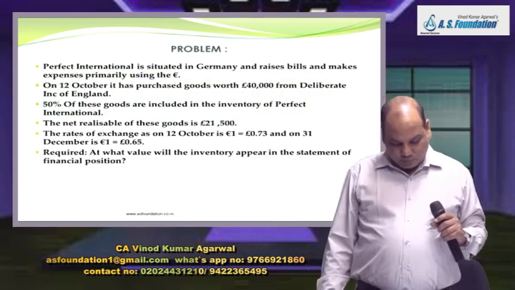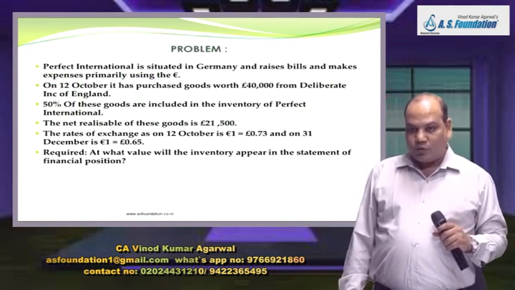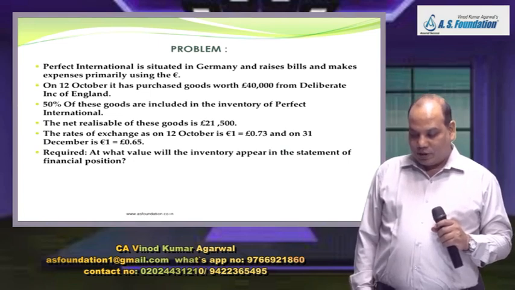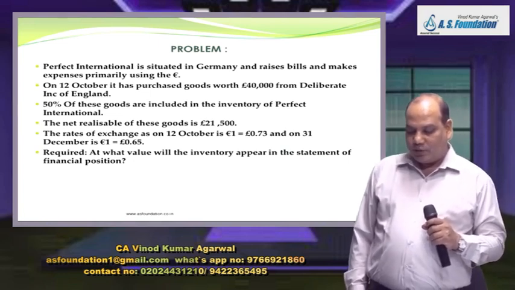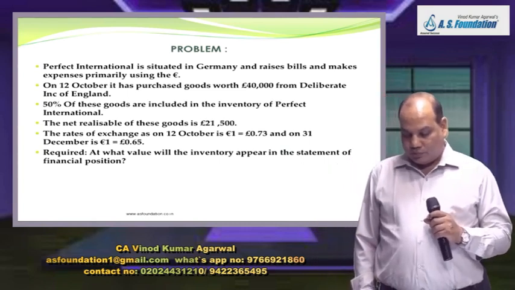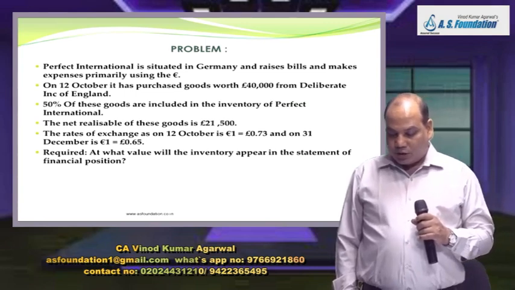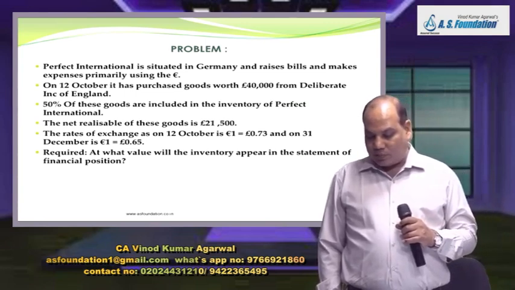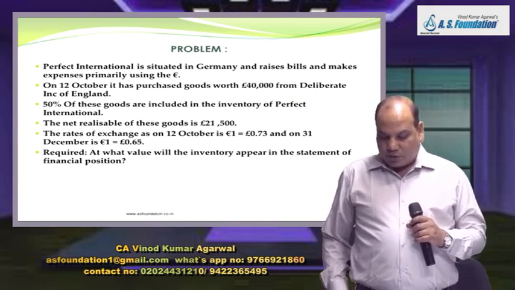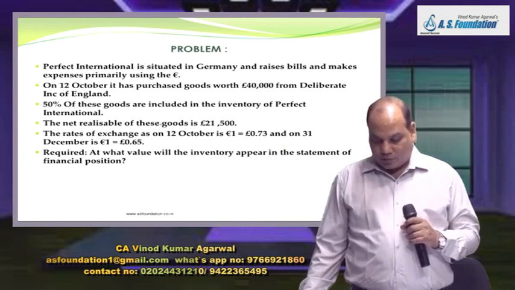Now come to 17. Perfect International is situated in Germany and raises bills and makes expenses primarily using euro. On 12th October, it has purchased goods worth 40,000 pounds from Deliberate Inc. of England. 50% of these goods are included in the inventory of Perfect International.